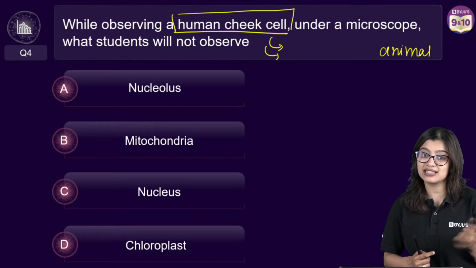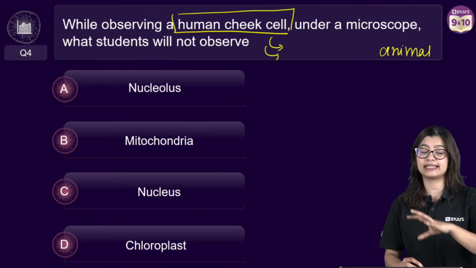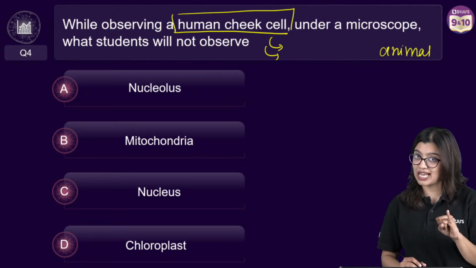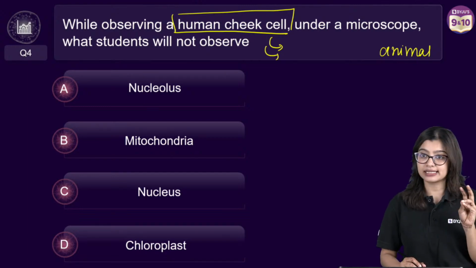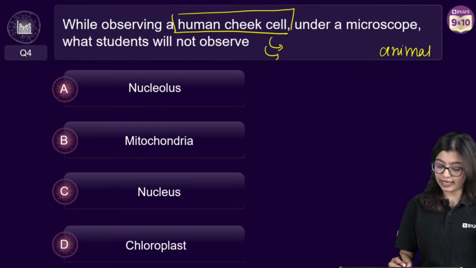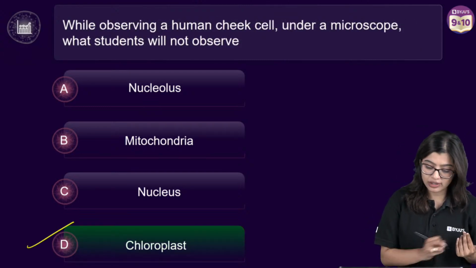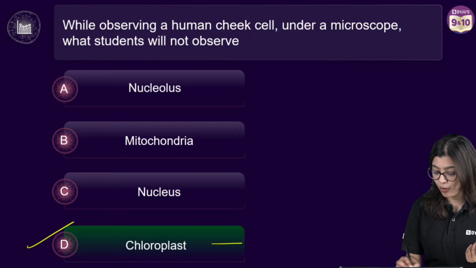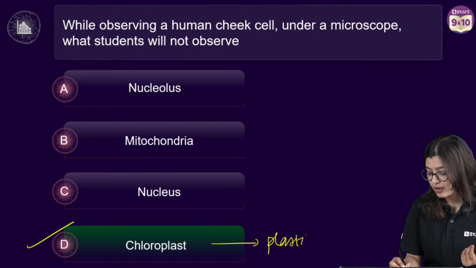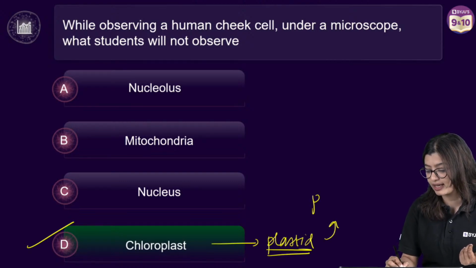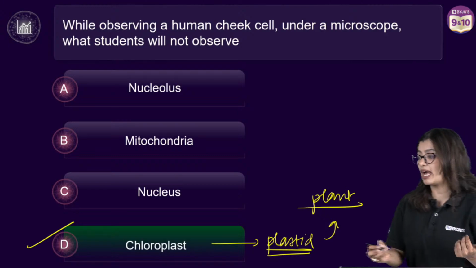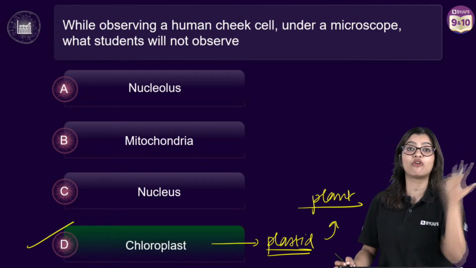And what do animal cells lack when compared to plant cells? They don't have a cell wall, and they do not have plastids. So what will they not see? They will not see chloroplast, because chloroplast is a plastid which is exclusively seen in plant cells. And chloroplast plays a very important role in the process of photosynthesis.